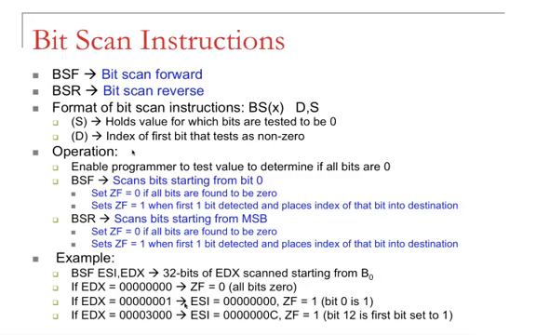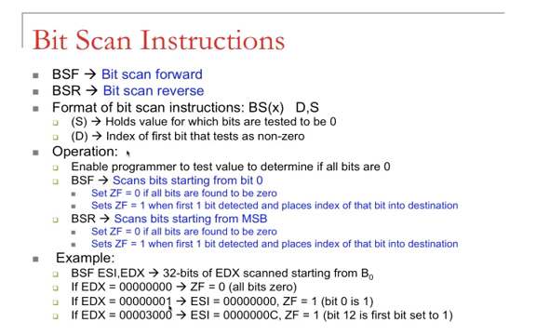When we start scanning, we immediately find that bit 0 has a 1. So that's a non-zero bit, and we'll put the index of that bit, that is the 0, into ESI.